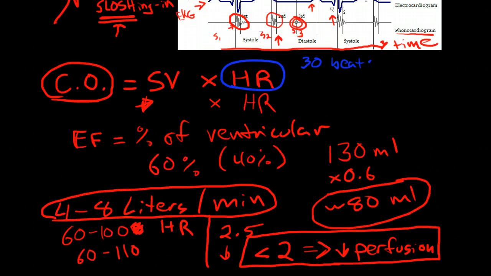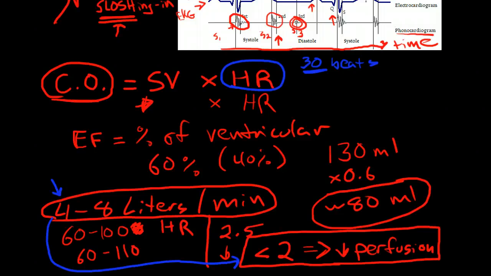If you think about a normal cardiac output of around 4 and a normal heart rate of around 60, you don't start having problems with perfusion until you get down to about half. So it makes sense that you can tolerate about half of normal before you start having hypoperfusion.